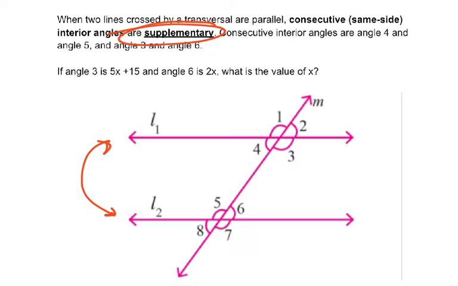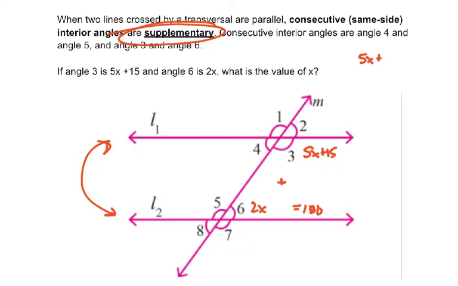So when they tell me angle 3 is 5x plus 15, and they tell me angle 6 is 2x, then these two things added together equal 180.